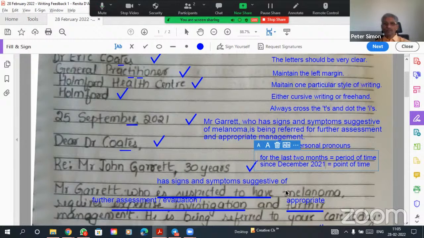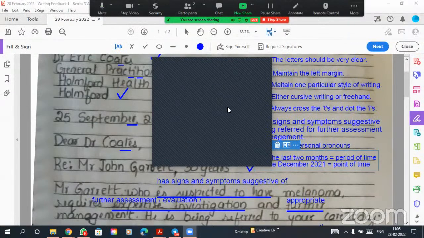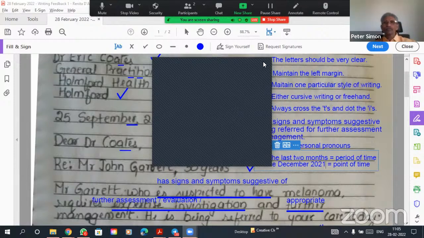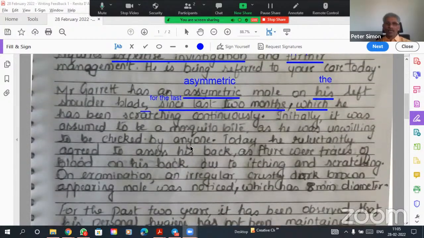This is a point of time. Have you understood the point, Renita? Yes, sir. Okay, fine. So these mistakes should not happen again.